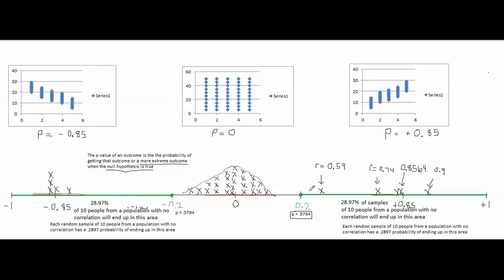Now let's look at one other example. Instead of looking at 0.2, let's look at 0.632. There's actually a reason why I'm choosing that number.